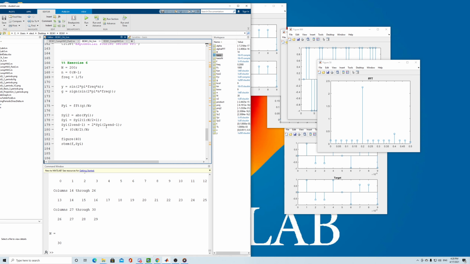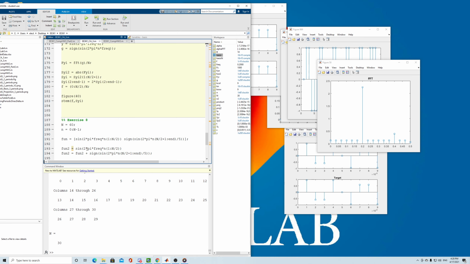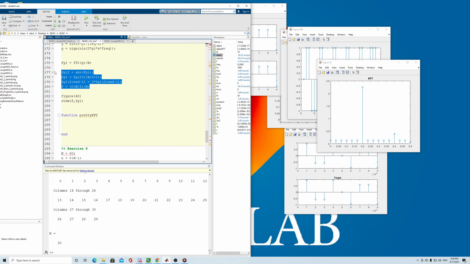But the point is, the most important thing I wanted to get to everyone is this. You can create a function for this if you wanted to. For those who are daring into MATLAB, you can create a function, pretty FFT. Maybe I'll create this function, and then you can do all this. Boom.